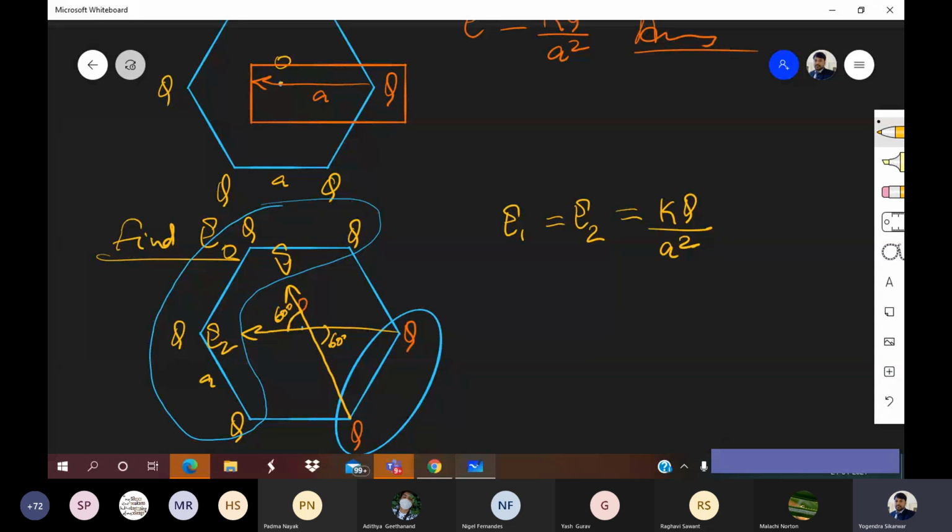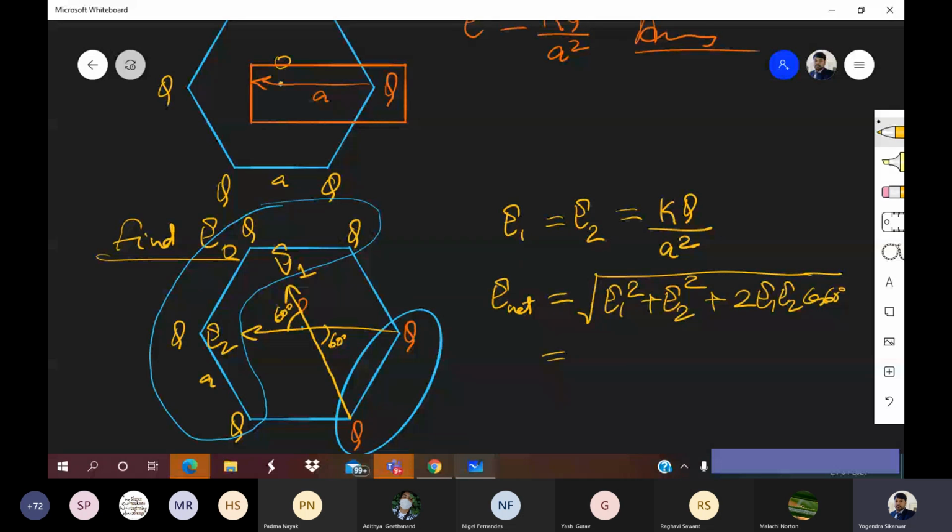So net electric field due to these, E net, is equal to root of E1 square plus E2 square plus 2 E1 E2 cos 60, and that comes out to be, now when you put values of E1 equal to E2 equal to KQ by A square, root 3 KQ by A square. I have skipped one step.